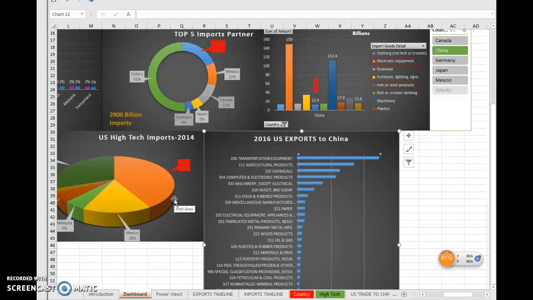Let's see what happens to US exports to China. The top 5 products that US exports to China are transportation equipment like aircraft, trains, vehicles, and the second is agricultural product. Third one is chemicals, and fourth one is computer electronic products.